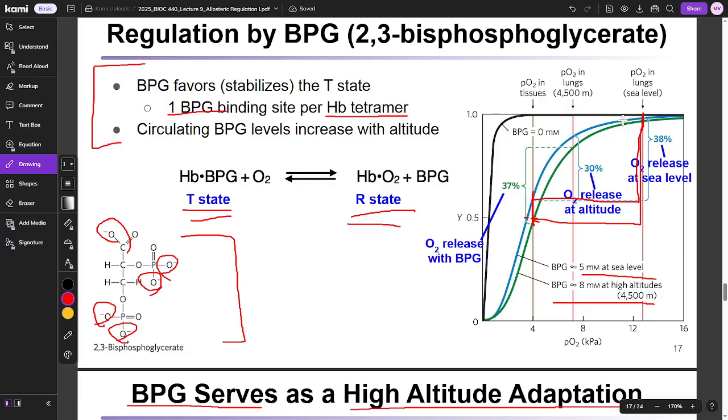Because we have shifted to the right, we're binding about the same amount of O2 at sea level, but we're releasing quite a bit more. Same thing here: we're binding about the same, probably a little bit less, but releasing around the same, maybe a little bit more. That's why it's a good adaptation at higher altitudes, because we're able to bind that oxygen and then release it very easily.